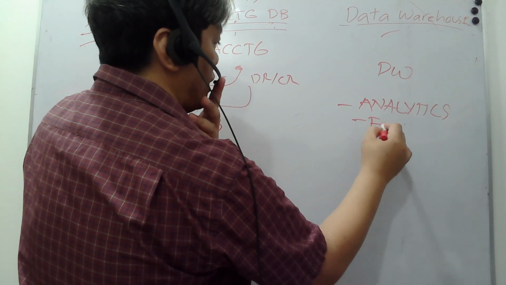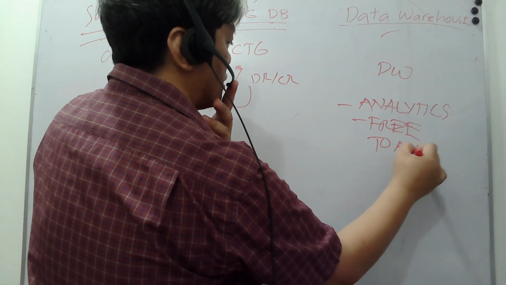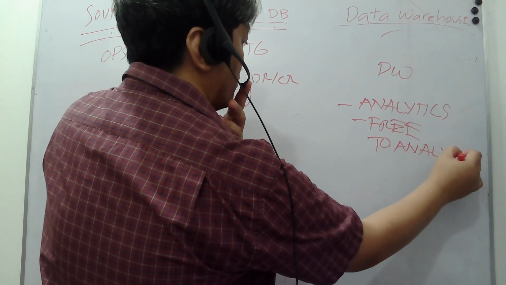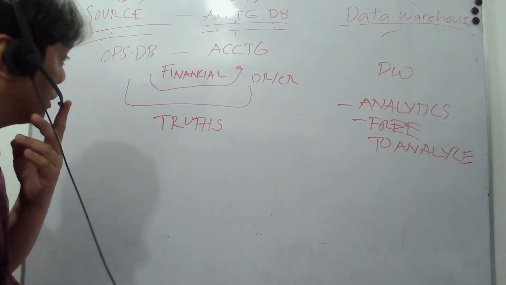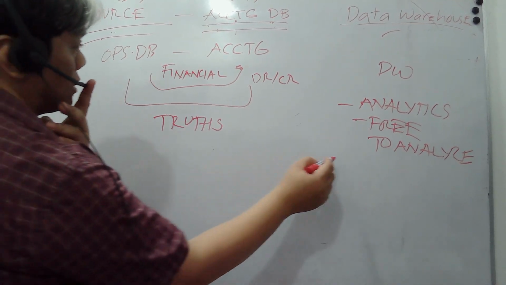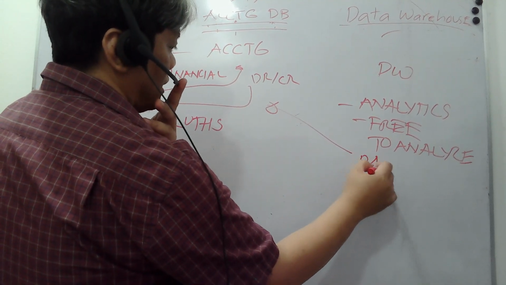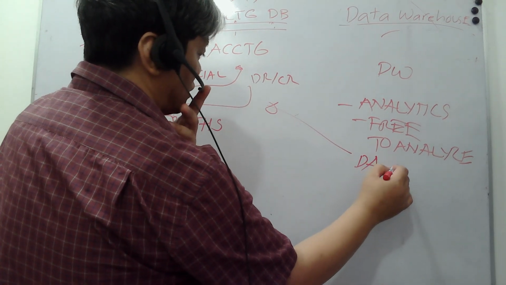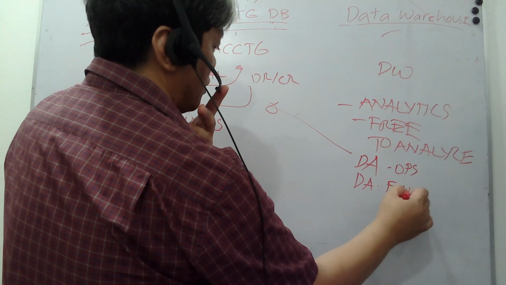This is where you're free to analyze and slice and dice data, whatever you want. This is common to both, but like I said, data analyst for operations and data analyst for finance or accounting.